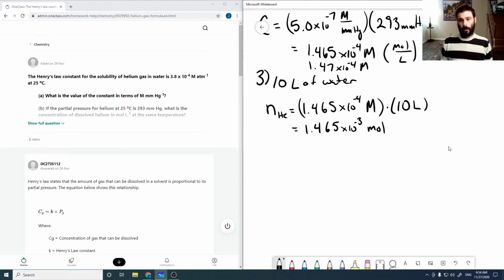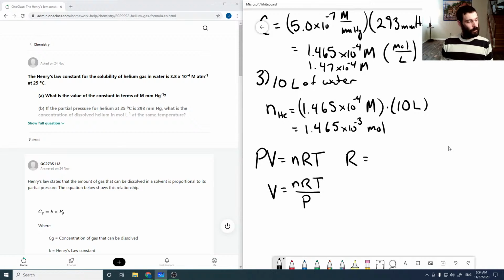So now to get our volume of gas, we need to use the ideal gas law, so PV equals nRT. Solving for volume here, volume is just nRT over P. And P in this case will just be our partial pressure. So n is this number of moles. R is our universal gas constant, which is 8.314 kilopascal liters per mole Kelvin.